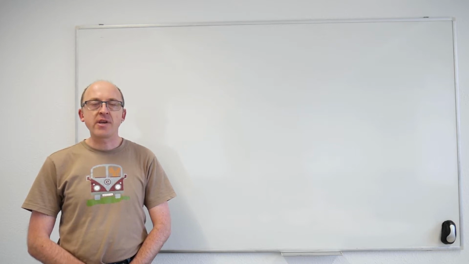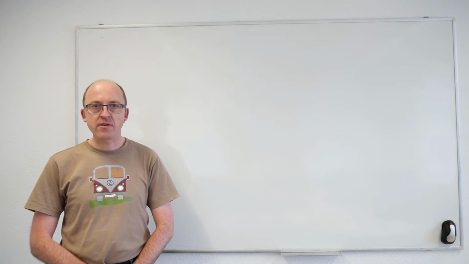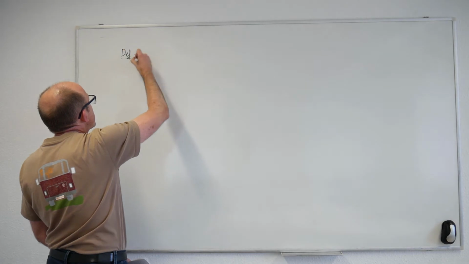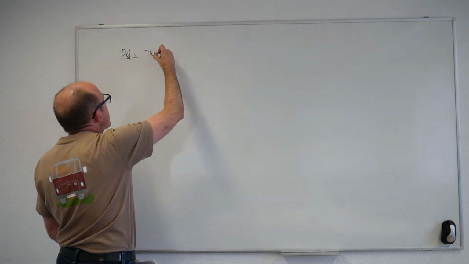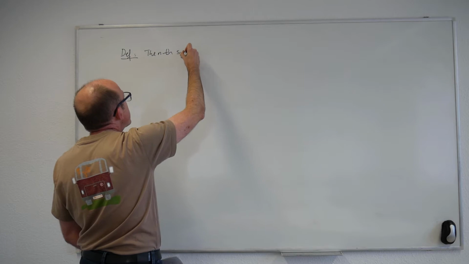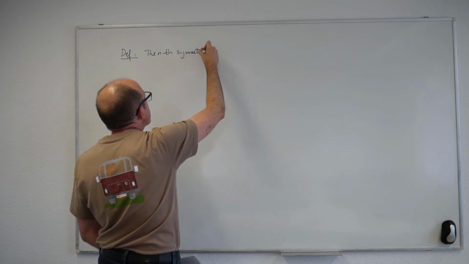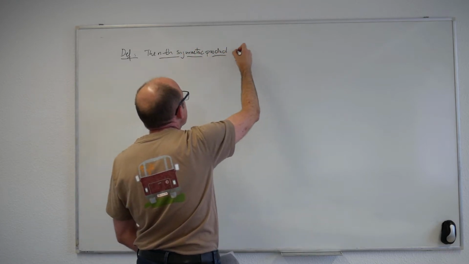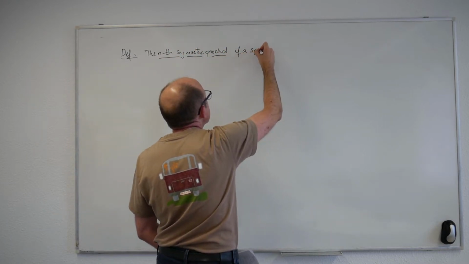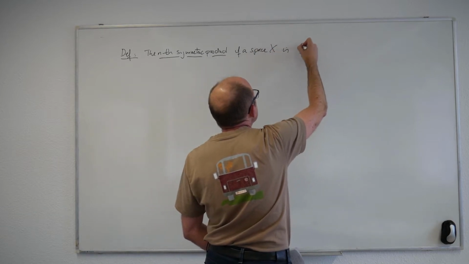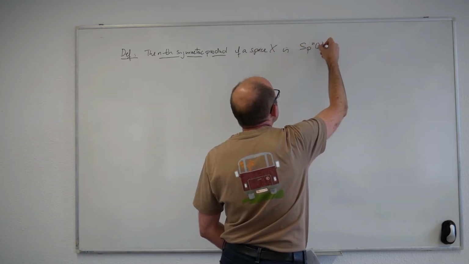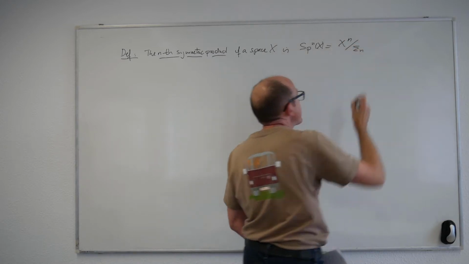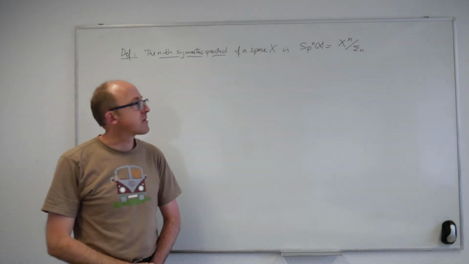Let me start from the very beginning and remind you what symmetric products of spaces are. Here's the definition. The nth symmetric product of a space X is Sp^n of X. This is X^n, the Cartesian product, and you're dividing out the action of the symmetric group that permutes the coordinates.